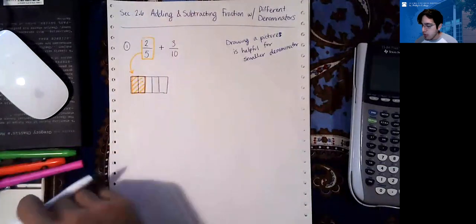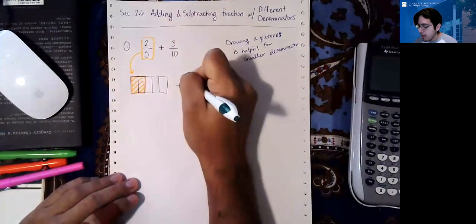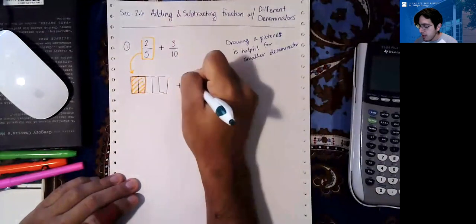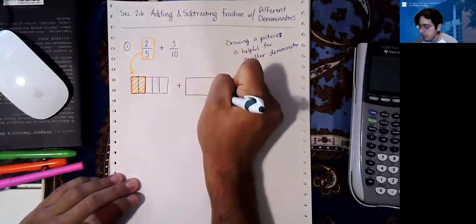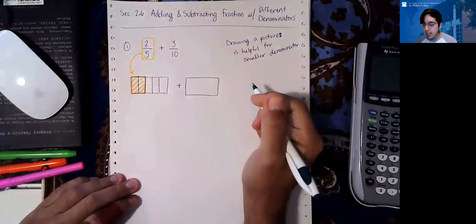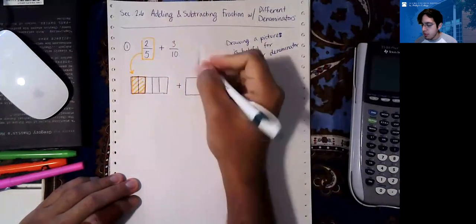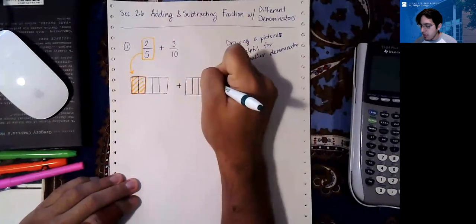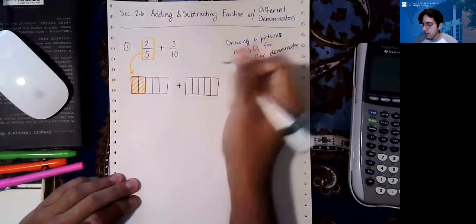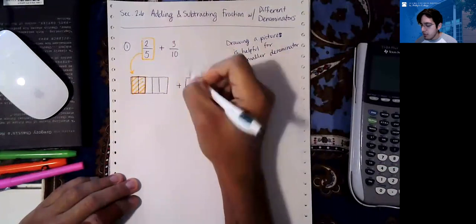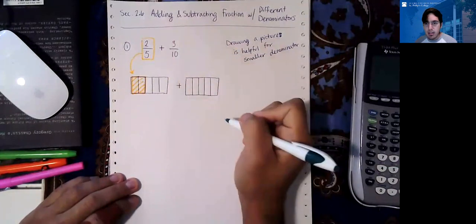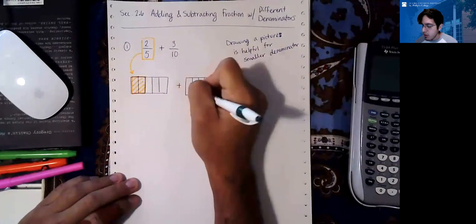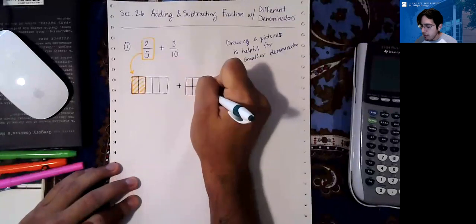Okay, and what we're trying to do is add that to another rectangle, which is the same size, but is broken up into 10 smaller pieces. So we could break this up into 5 pieces for sure. 1, 2, 3, 4. So we have 1, 2, 3, 4, 5 smaller rectangles to make up the larger one. But if we wanted 10 smaller pieces, let's cut those in half.